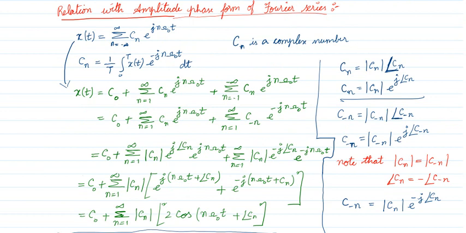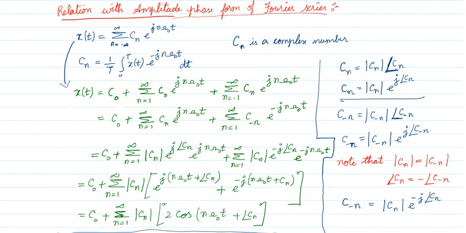So we know this is the exponential form Fourier series, and this is my Cn. I am expanding this. Since it is from minus infinity to plus infinity, having negative integers as well as positive integers as well as 0, I can change it to positive numbers 1 to infinity, then minus infinity to minus 1, and c naught I am taking separately.